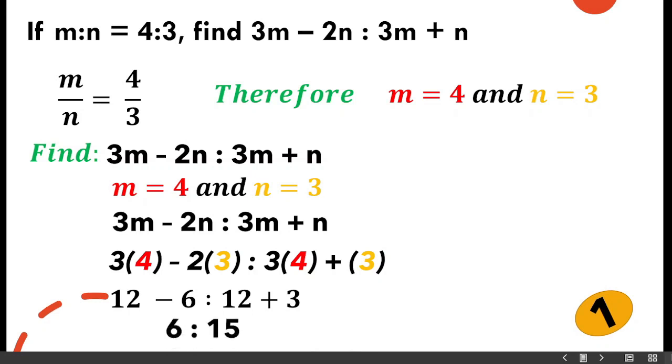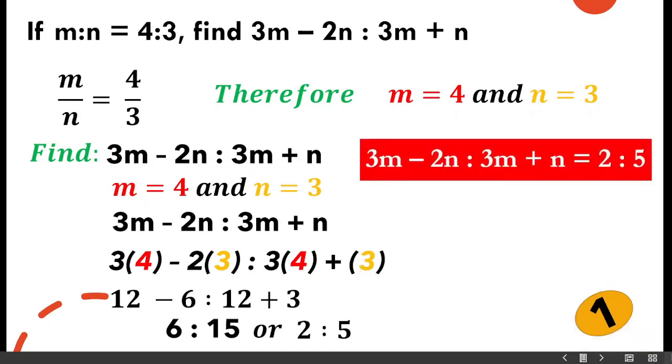Therefore, our given ratio is 6 is to 15. And let us simplify that given ratio into 2 is to 5. Therefore, 3m minus 2n is to 3m plus n is equal to 2 is to 5.